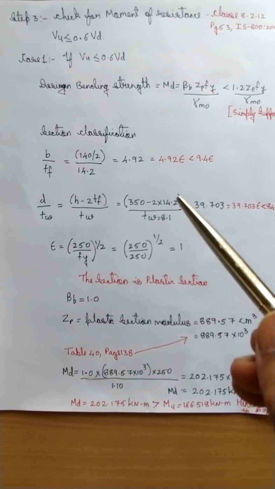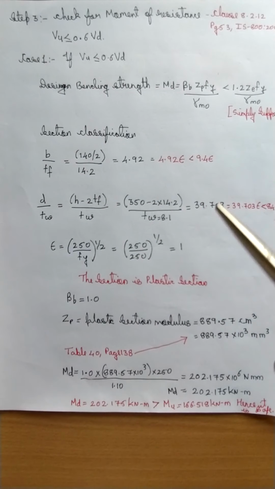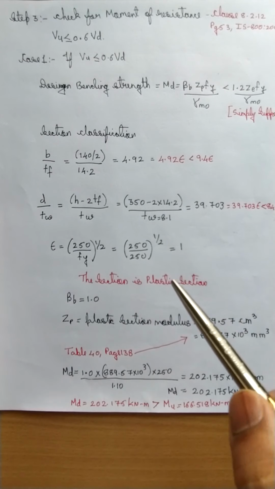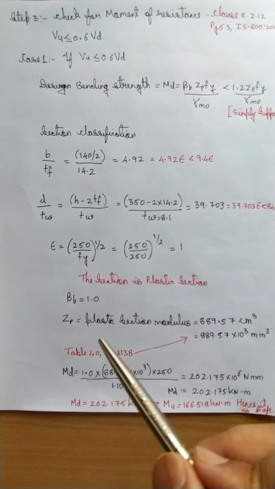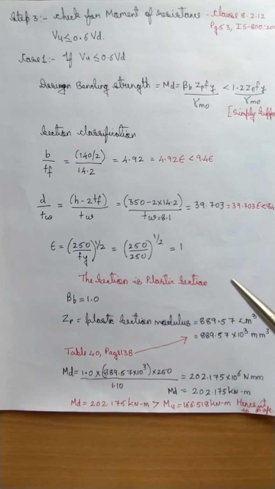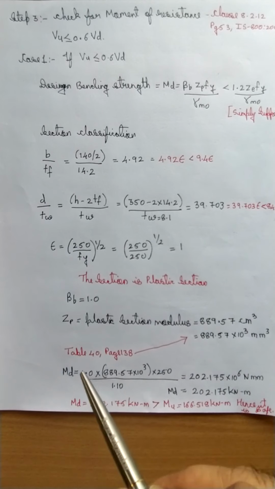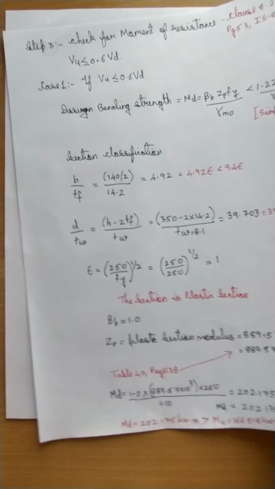So we found out the ratio and checked which type of section it is. The section worked out to be a plastic section. So for the plastic section, beta B is 1. Then we needed ZP. ZP we noted down from IS 800 itself, from table 40. And then we calculated MD. We checked that MD is greater than the calculated bending moment. Hence it is safe.